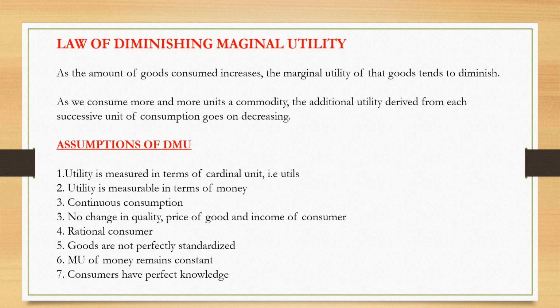Next is no change in quality, price and income of the consumer. The quality of commodities consumed is to be uniform, meaning all the units of a good will be of the same quality, the price of the commodity will remain the same and the income of the consumer will be given.